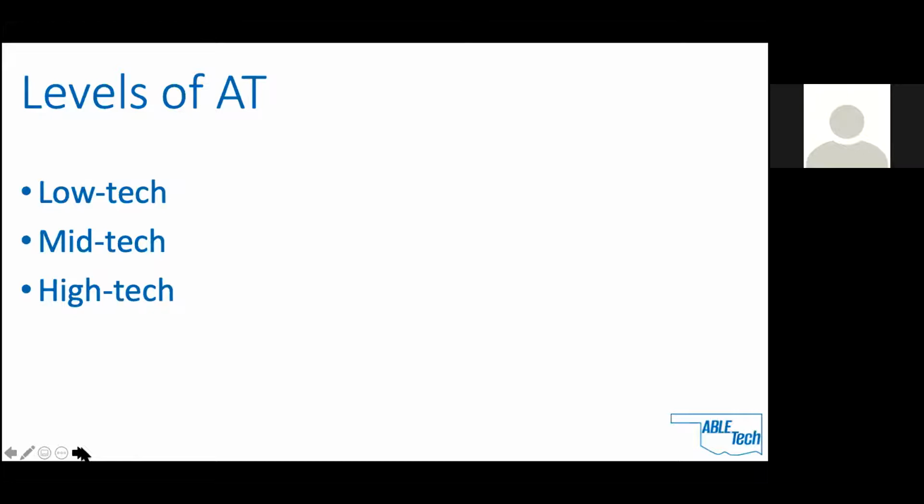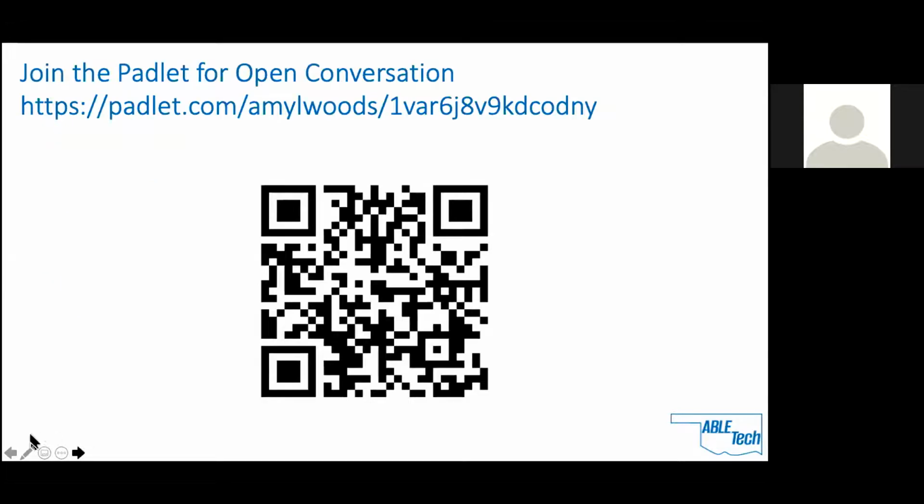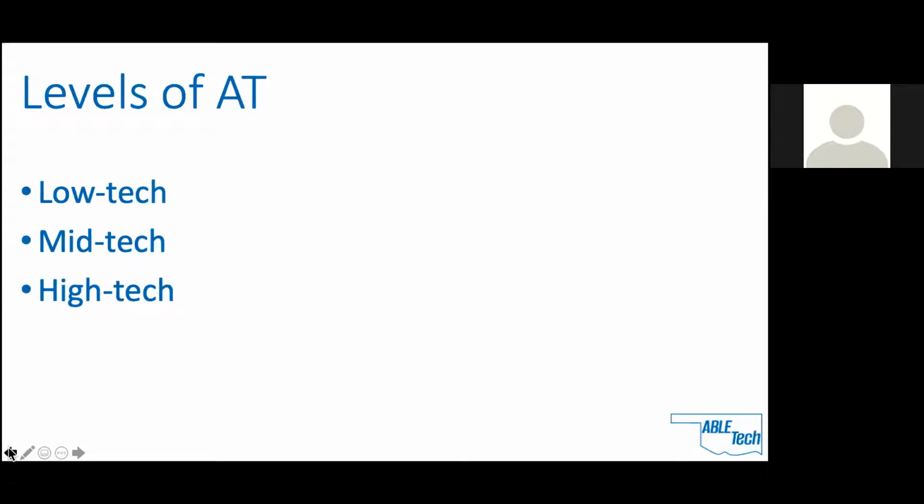So we have 3 different types of AT. Low tech, which are things that are commonly found in your environment. Usually they don't cost, or they're very inexpensive. They are unsophisticated, usually don't have an electrical component, just very simple to use. Mid-tech, they're not as common to find in the home, but you can find them in the home.